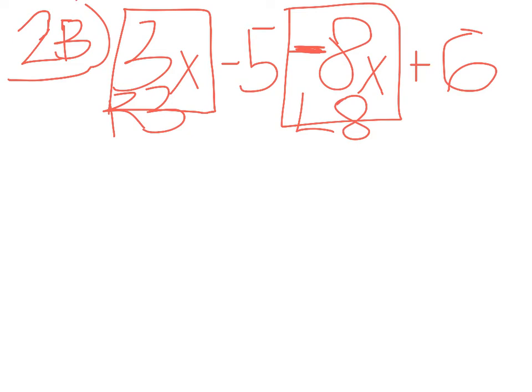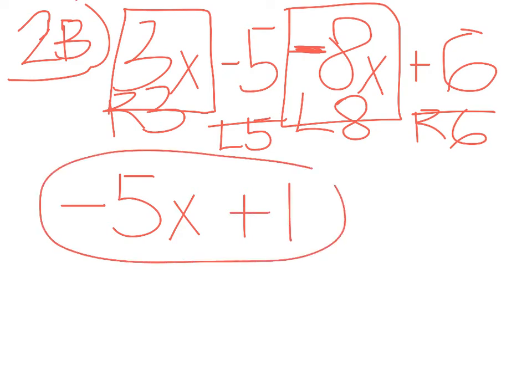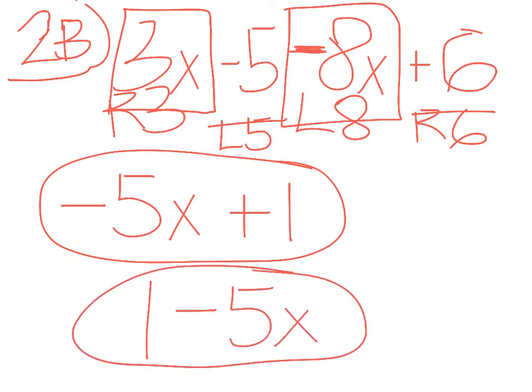So right 3, left 8, you end up at negative 5. And of course there's an x involved. Then the other terms are negative 5 plus 6. That would be left 5, right 6. You end at positive 1. Those are not like terms, so you can't put them together, but we can flip this around, keep the 1 positive, keep a minus in front of the 5. 1 minus 5x.